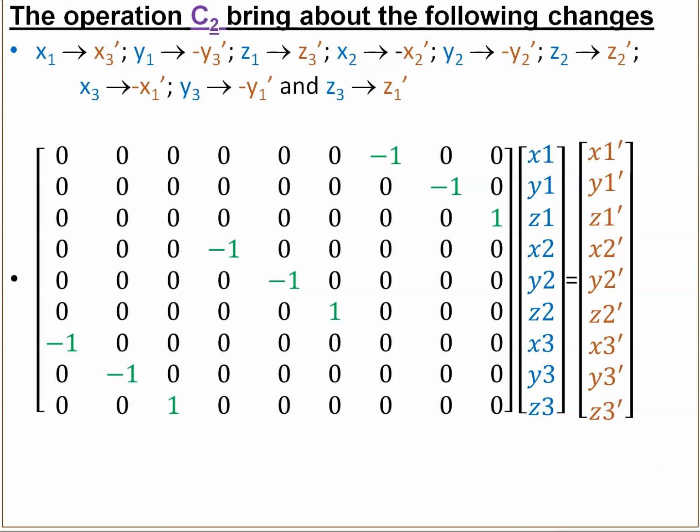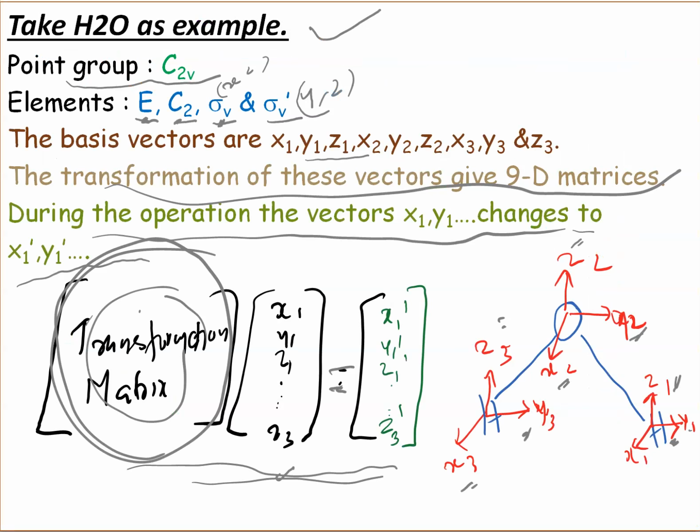And for the C2 operation, what will happen? Look here. The C2 axis passes through the oxygen. Therefore, the vectors of the two hydrogens are exchanged.